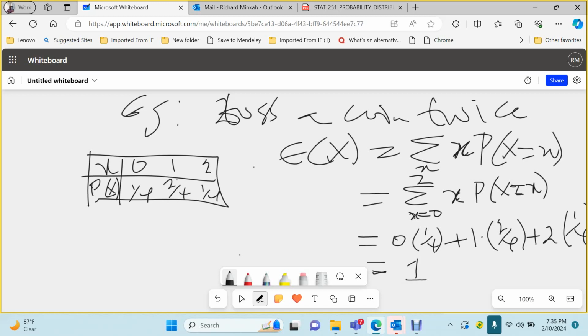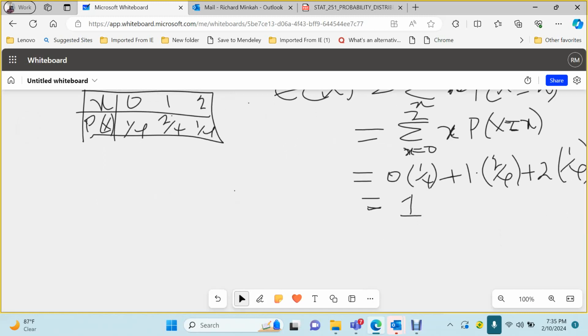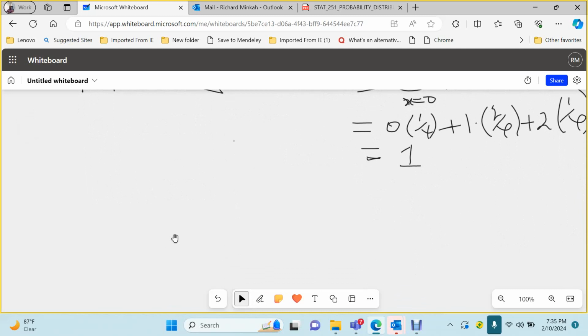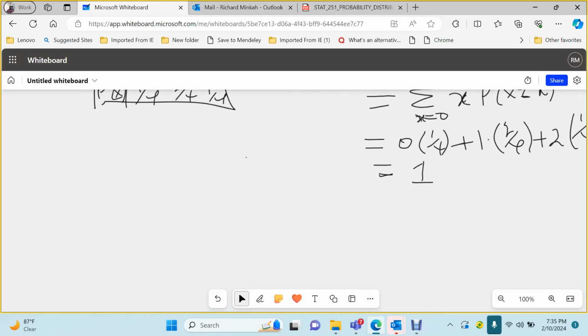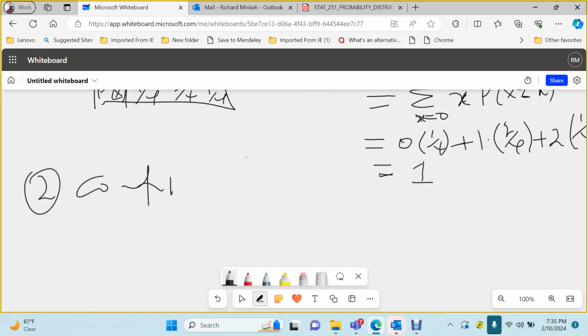Now let's look at the case of the continuous case. So example 2 is a continuous case, right?